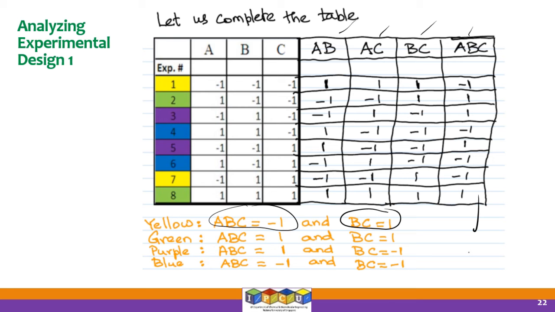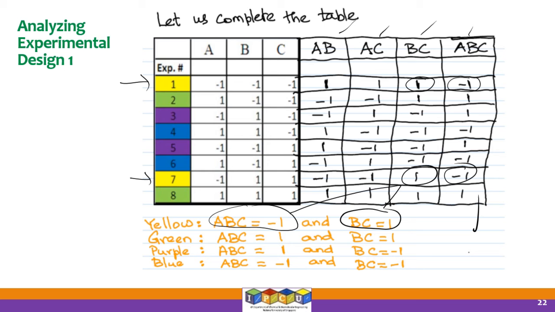So look at it, ABC is equal to -1 and BC is equal to +1. You are assigned the yellow block. That's the condition for something being assigned the yellow block. That means these are kind of the design generators.